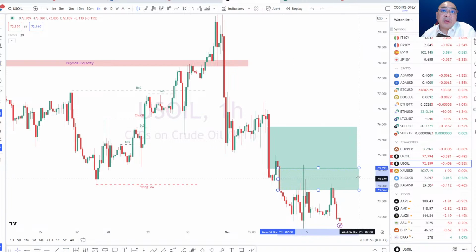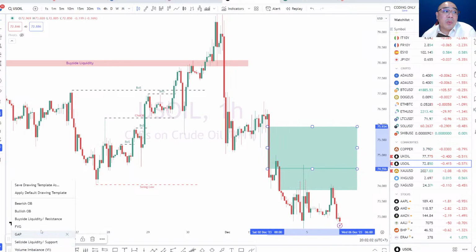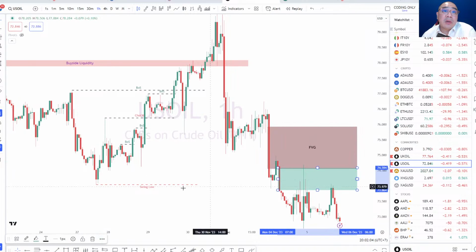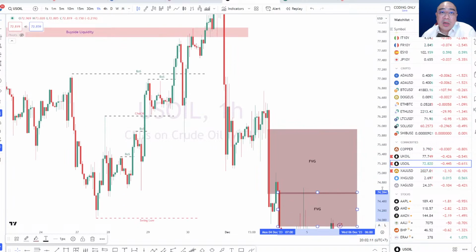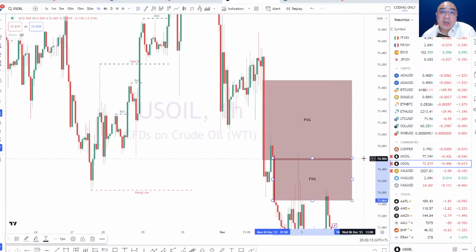Both of them are fair value gaps, so it still applies. As long as price never meets it, it would be considered a fair value gap. There's actually that point where it overlaps and becomes a stronger resistance, probably right about 74.55, right in between.